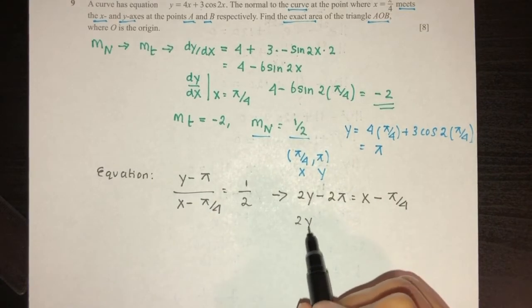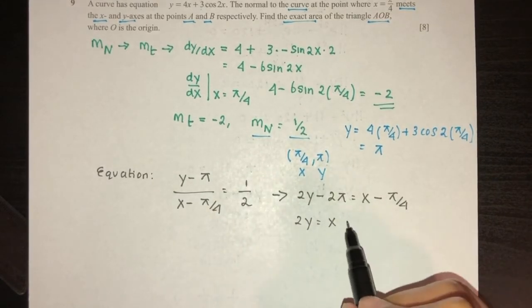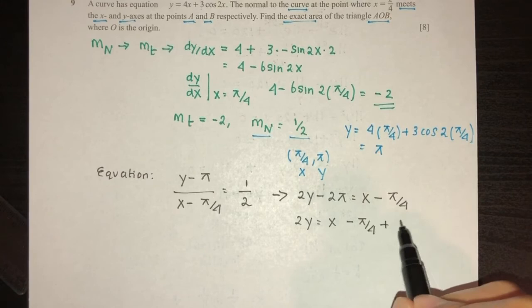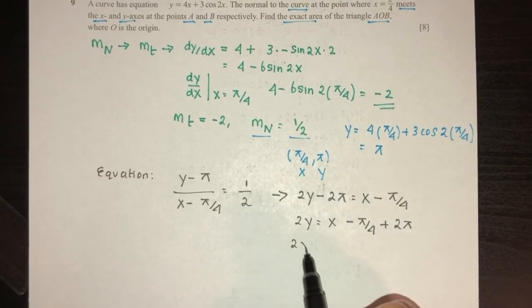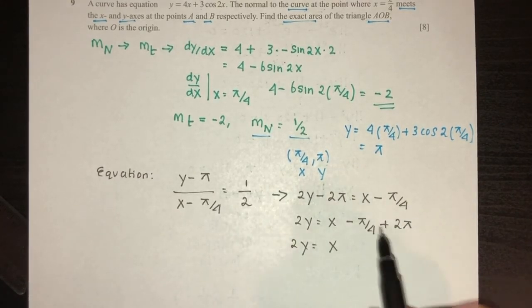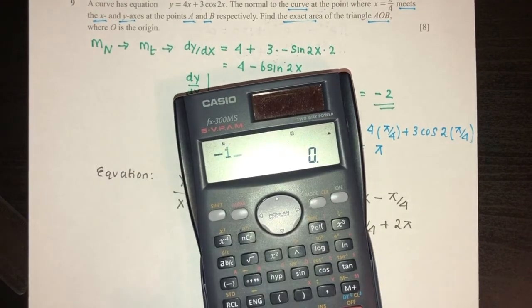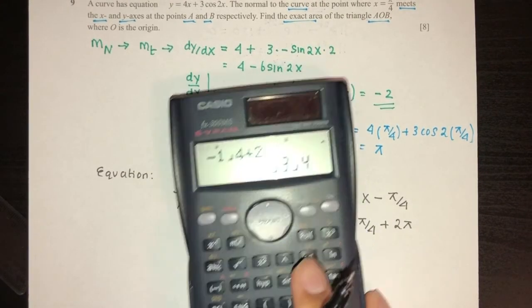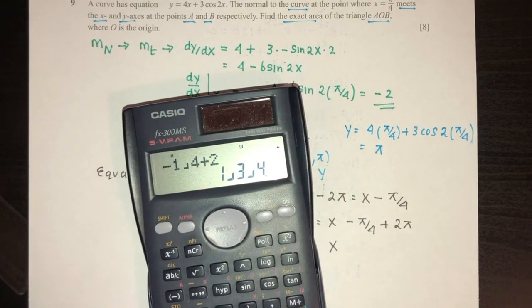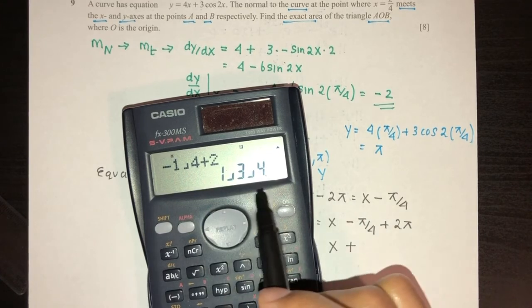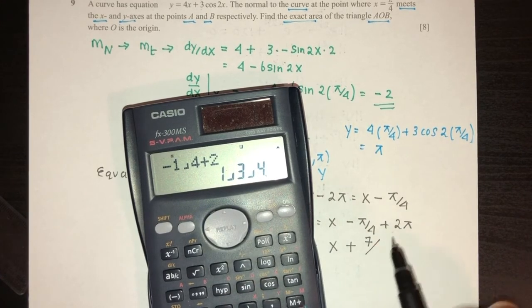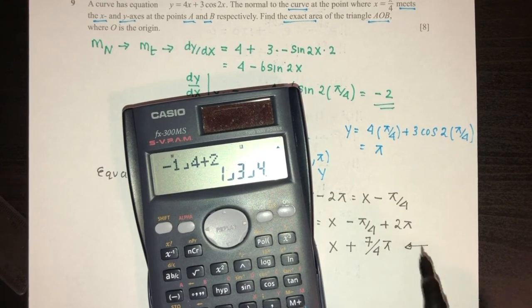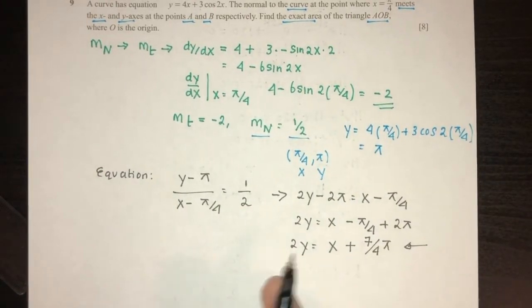Now 2y is equal to x minus pi by 4 plus 2 pi. Now you simplify this. Minus 1 over 4 plus 2, that should be 3 quarters, so that will be plus 7 over 4 pi. That is your equation of your normal.